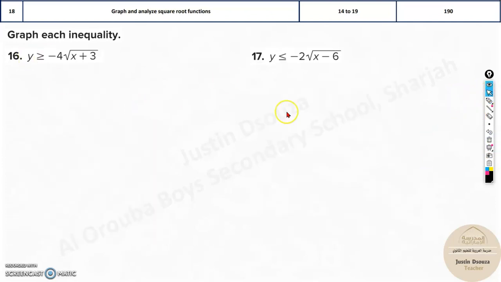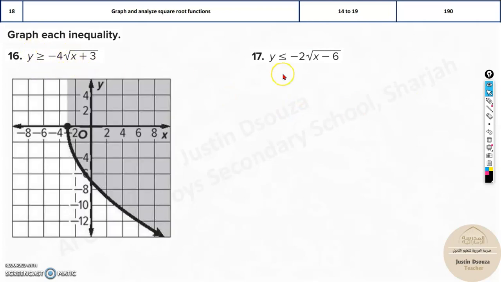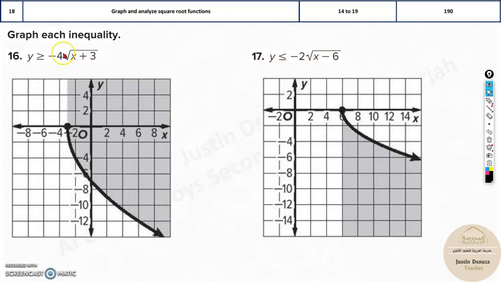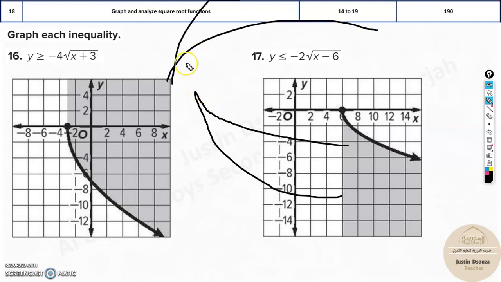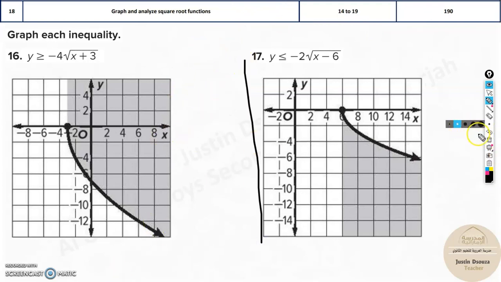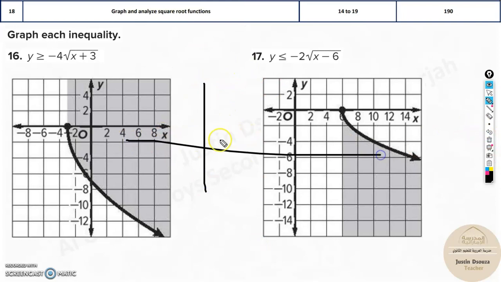Now let's see the next type over here. How would you see? It's again the same. You don't need to worry about these values beside it, that 4 and everything. It'll just change the thickness, or the way it is. Anyways, basically what I'm trying to say is, imagine this is a square root function over here.